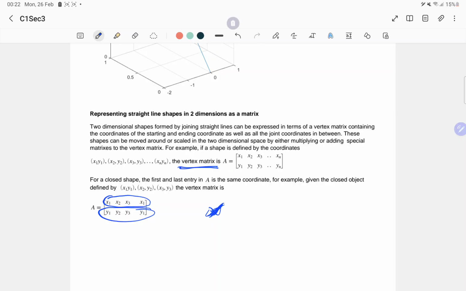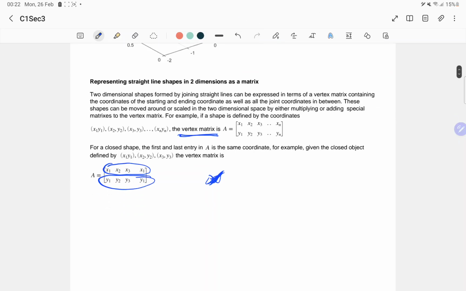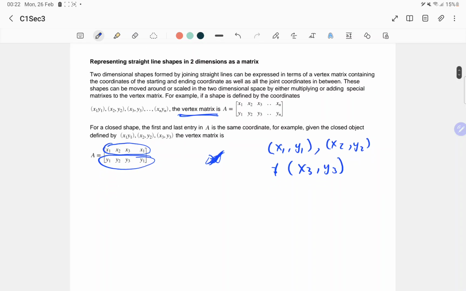geometry and computer graphics. For example, for a triangle with vertices, say (x1, y1), (x2, y2), and (x3, y3), the vertex matrix will be x1, x2, x3 in the first row, and y1, y2, y3 in the second row.